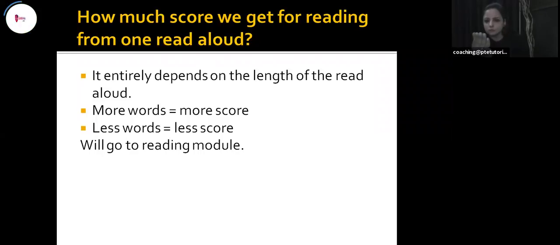So 22 divided by 30 will not go into your reading. 22 divided by 30 multiplied by some number must be there, because these modules are based on percentiles. So that's why it is really very important that you focus on read alouds in a good way. If your pronunciation is not good, you are gone, for listening as well as for reading.